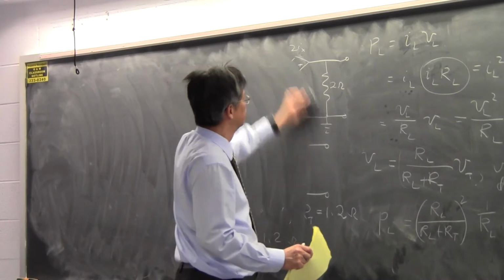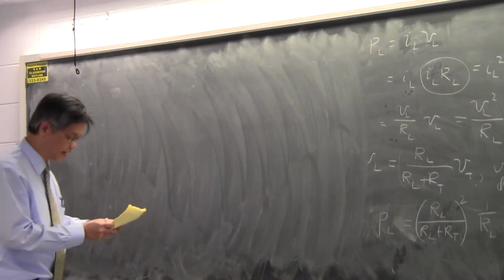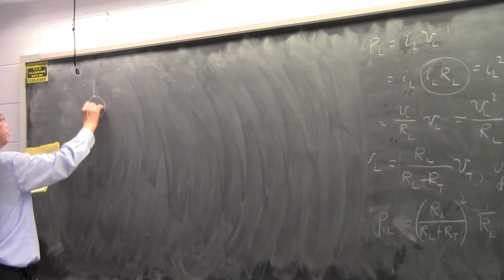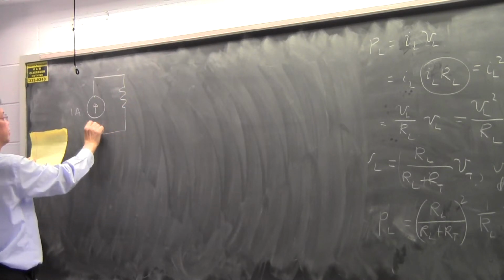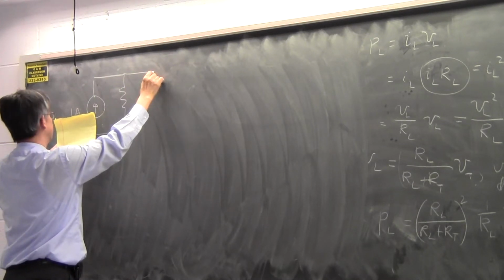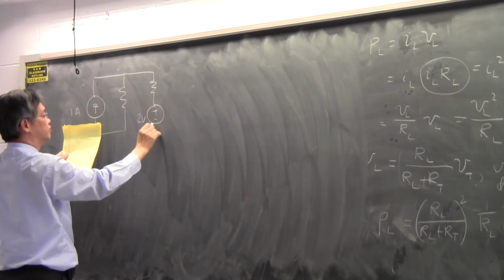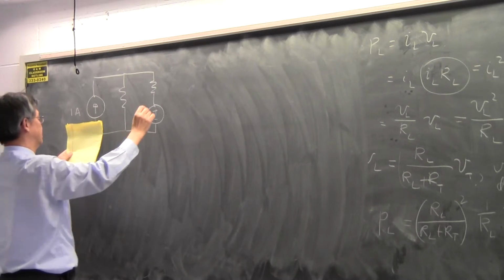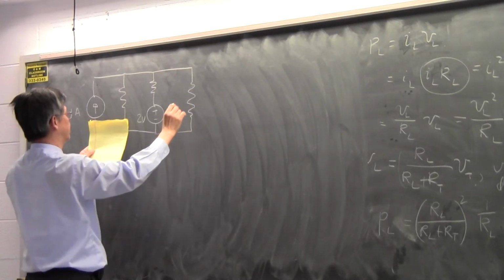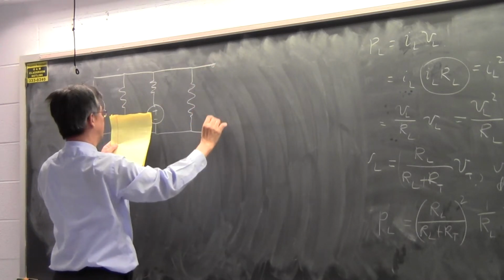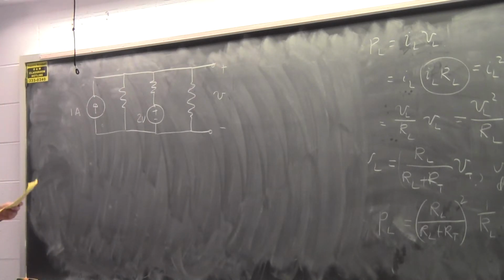You go through several steps, and say you have this one over here that we have done before, 1 M, this circuit over here, and then this one over here, 2 volts, these are all independent sources, and then you have this one over here, and then you have this V on the outside that is available to the outside world.